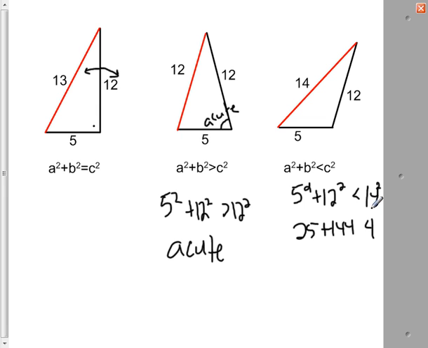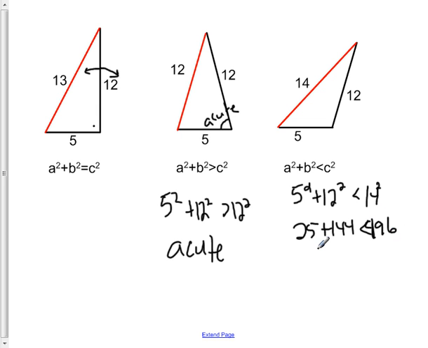Is that less than 196? So we get 169 is less than 196. Yes, so it is true. So that means that if a squared plus b squared is less than c squared, you get an obtuse triangle. Okay, so that is the triangle sum theorem.